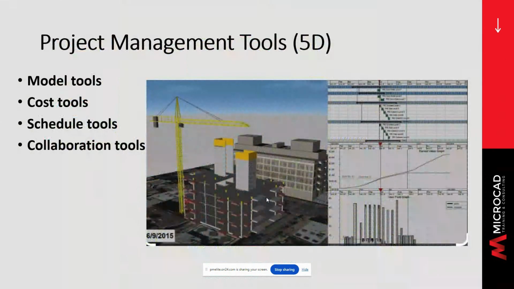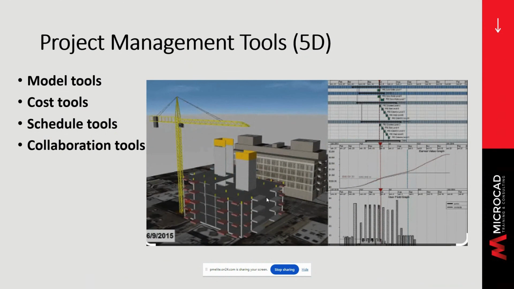We often talk about the design and construction process as five-dimensional. The usual X, Y, Z dimensions of space, plus a dimension for time and one for cost. Likewise, the tools needed are 5D in nature. There are tools to create and examine the 3D BIM model and manage change. There are tools to create a cost model and budget and to measure cash flow against that budget.